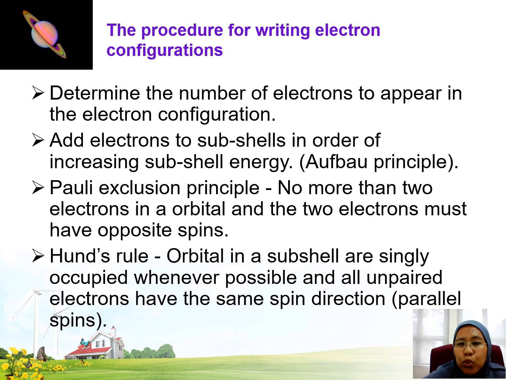Then we use the Pauli exclusion principle, whereby there will be no more than 2 electrons in an orbital, and the 2 electrons must have opposite spins. Lastly, we apply Hund's rule. Orbitals in a subshell are singly occupied whenever possible, and all unpaired electrons have the same spin direction.